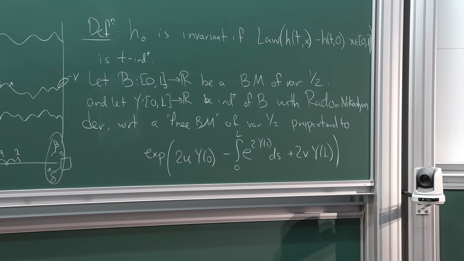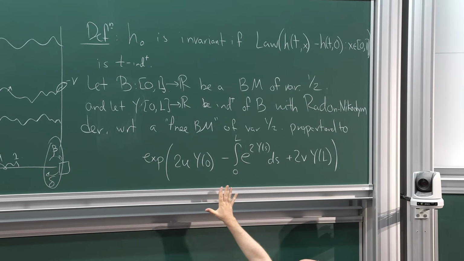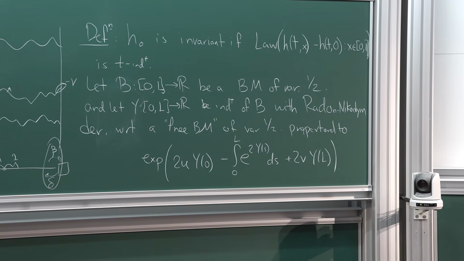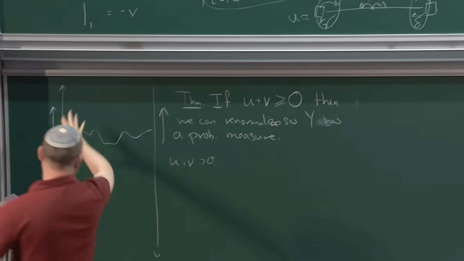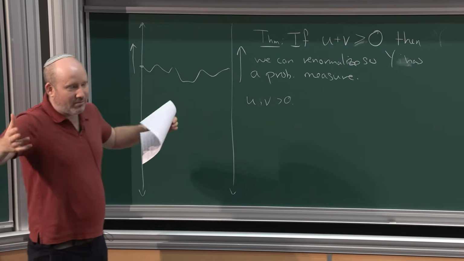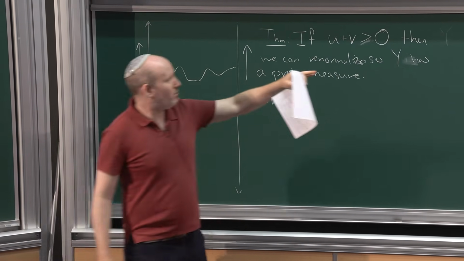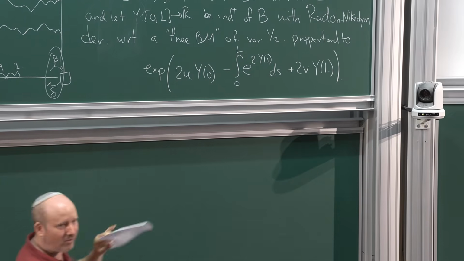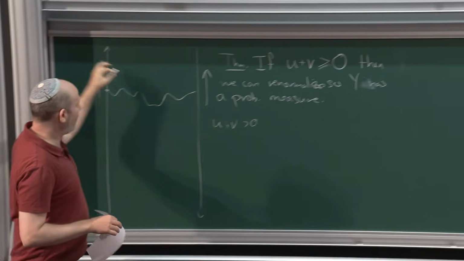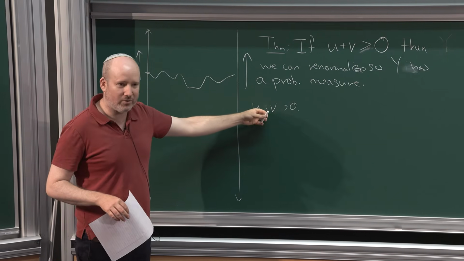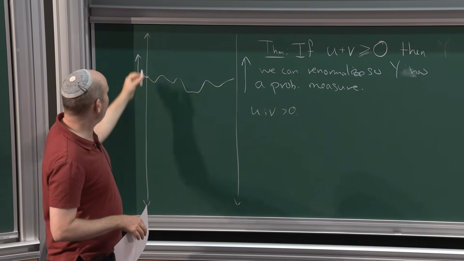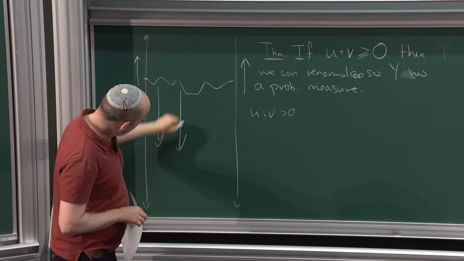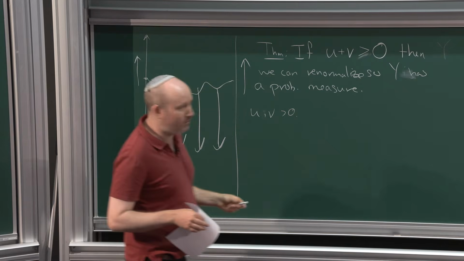Okay. But you can also think of it as an energetic reweighting. The way I want to think about it is I sample under this infinite measure, I sample somehow a path, I propose the path, and I ask, how does this treat the path? Does it like it? Let me assume u and v are both bigger than 0. It likes things that start high and end high, but it also likes things that go low in between.